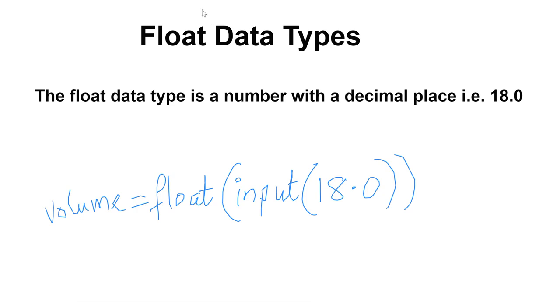The float data type is a number that has a decimal place. So in this example, we have the variable volume, which takes the float data type 18.0, a number with a decimal place, and takes this value into the variable volume.